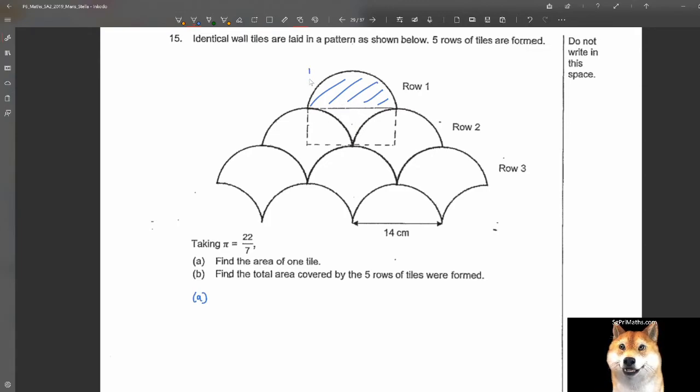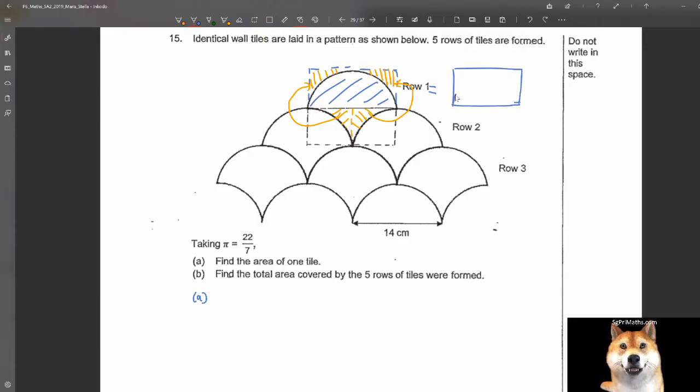If you look carefully, you can see that it actually forms a nice rectangle. This part goes into here, and then this part goes into here. So essentially, the area of one tile is just one rectangle with a semicircle.